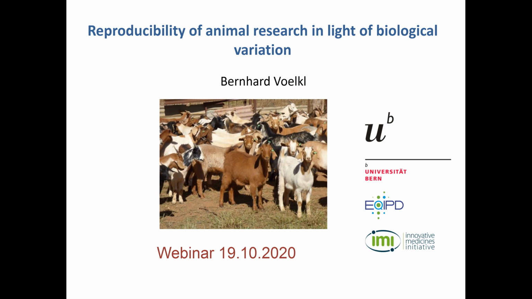And of course, there's a lot of discussion going around about ways to improve the robustness and validity of research findings. Bernhard Voelkl, our speaker today, is a postdoctoral researcher at the University of Bern, and his work is part of this discussion. In his talk, he will highlight how the heterogenization of study populations can improve the validity of research findings.